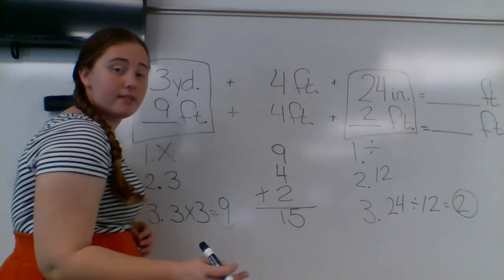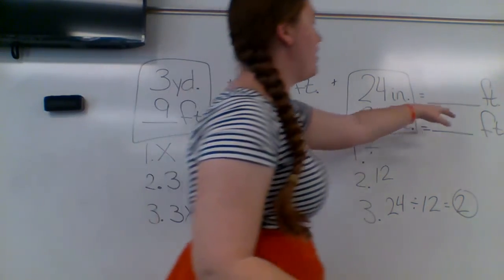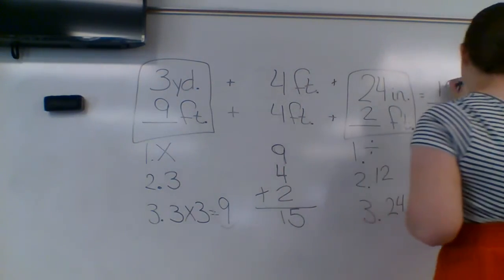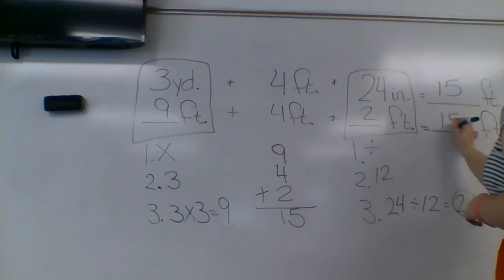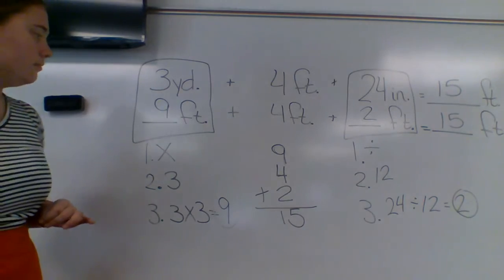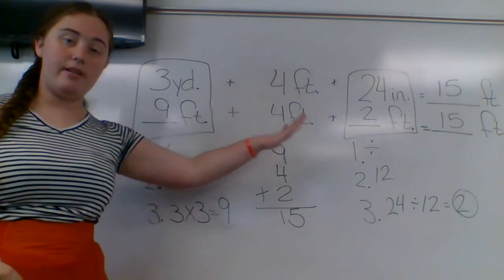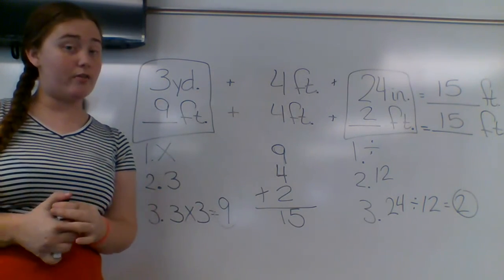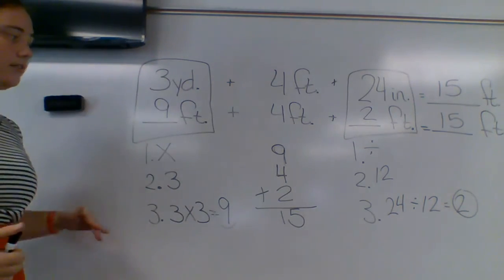So that would be 15 right here. And that means my answer over here would be 15 feet. Make sure that's written down. And this should be your answer. Make sure you have all of this work written down too. You need all of this work written down.